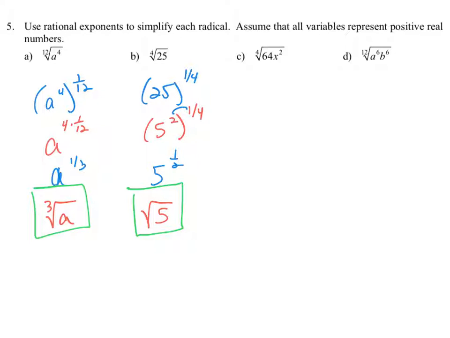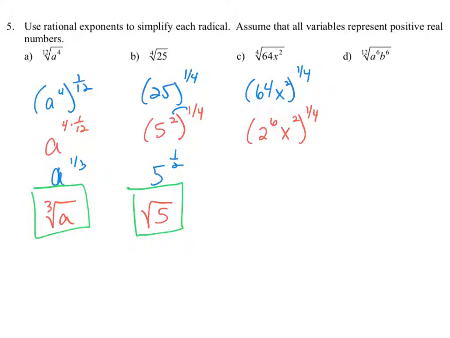In part C, we have the 4th root of 64x squared, and we can write this as 64x squared all to the 1/4 exponent. And 64, if we write it using exponents, is the same thing as 2 to the 6th power times x to the 2nd power, all to the 1/4 power.